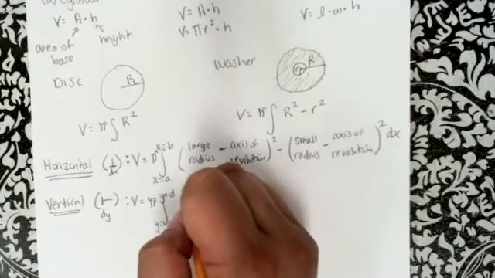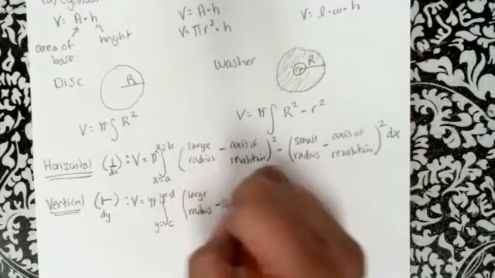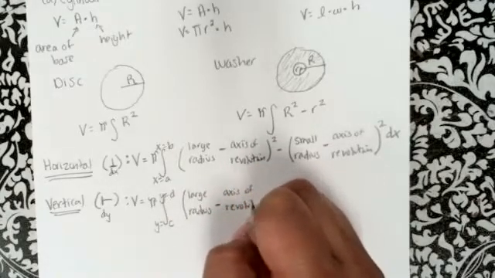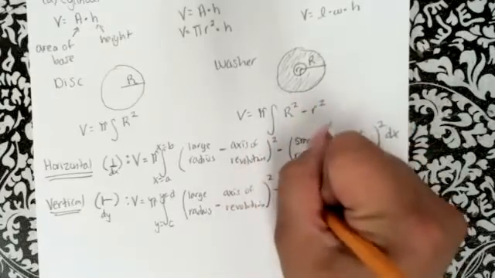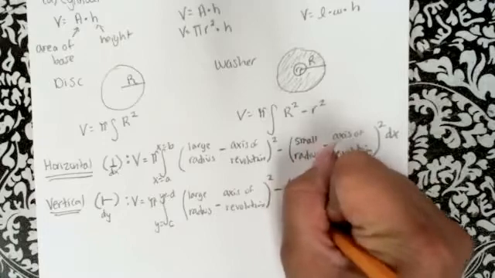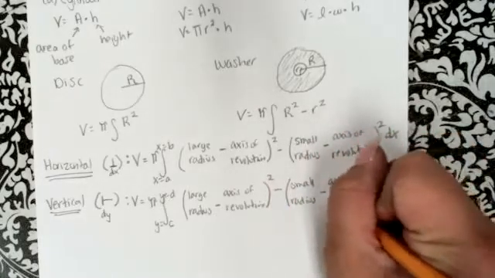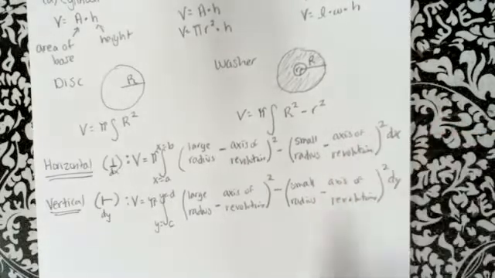And it's going to be the large radius, subtract the axis of revolution, squared, subtract the small radius, subtract axis of revolution. And this is a dy type problem.